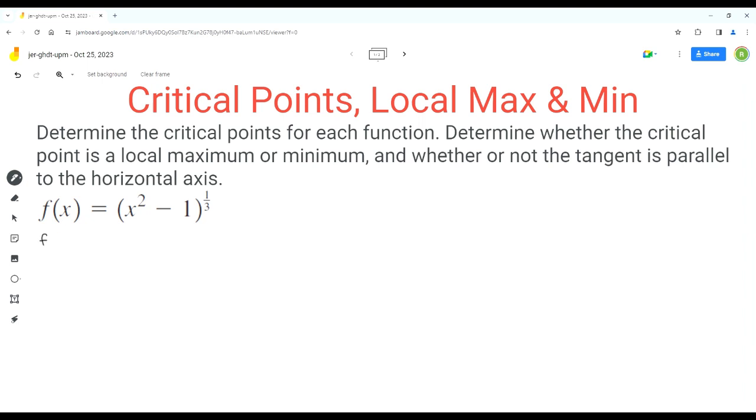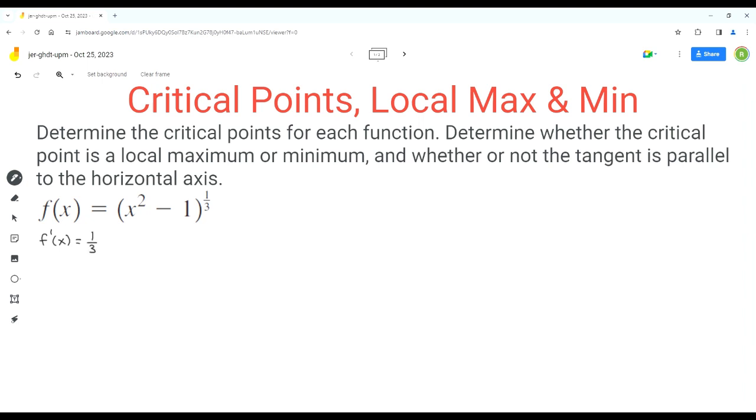So f prime of x. This function is made up of the inner function x squared minus 1, and then there's this outer exponential function with the exponent 1 over 3. So we'll start with the derivative of the outer function, and for that we'll have to use the power rule. So we'll move the exponent to the front.